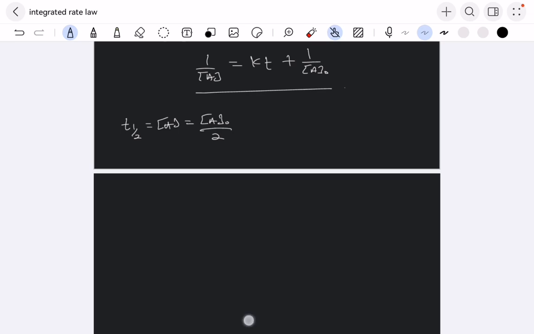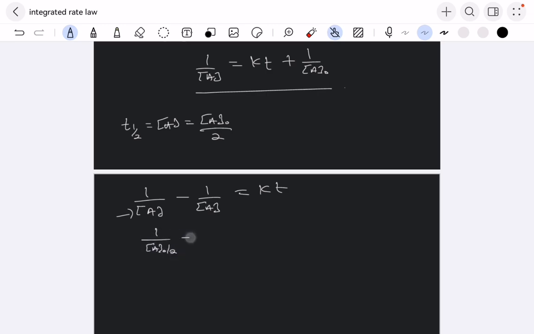Going back to the equation, we take this to the other side, so it's 1 over A minus 1 over A initial equals kt. At half-life we change this to 1 over A naught by 2 minus 1 over A naught equals k t half.